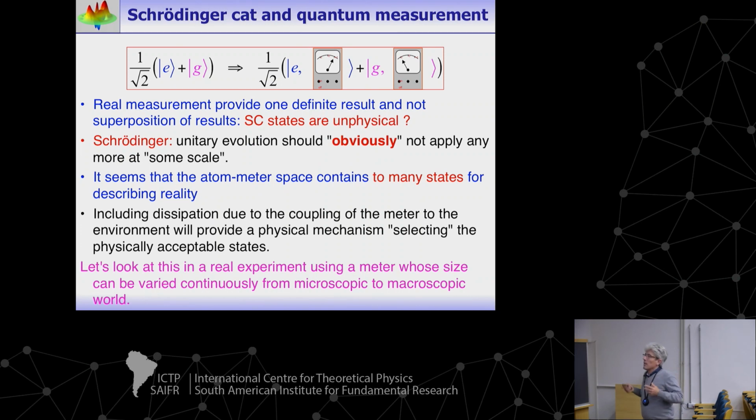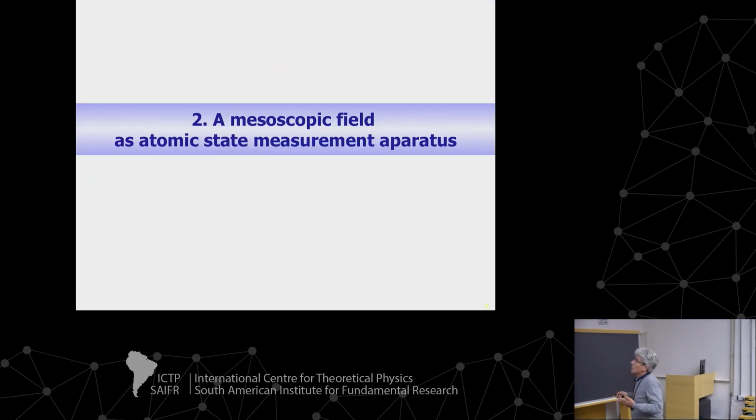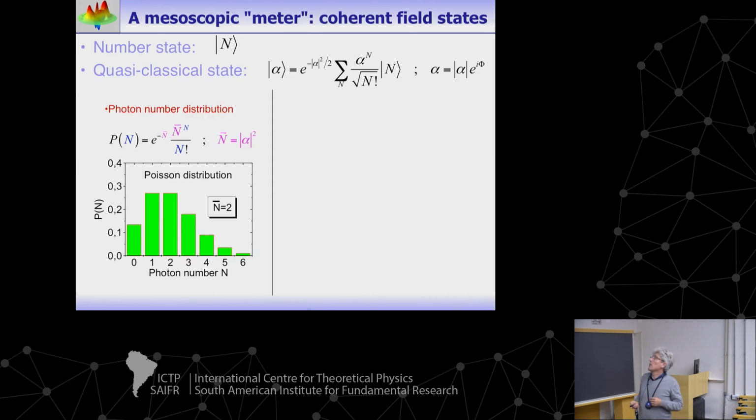So indeed, my point of view now will be to look at this with a real experiment by constructing a system where a meter can be controlled and the size of the meter can be controlled to see at which point the quantum superposition state, the Schrodinger cat state, becomes a classical meter state. And of course, the tool will be the use of a small field stored in a cavity as an atomic state measurement apparatus.